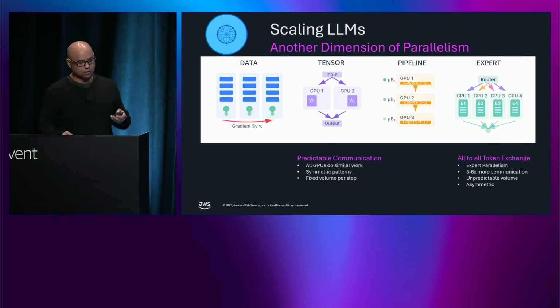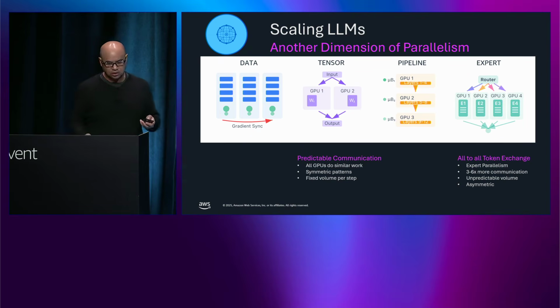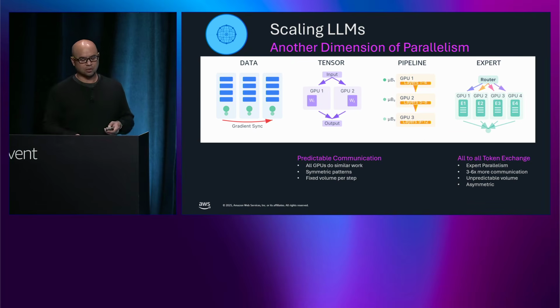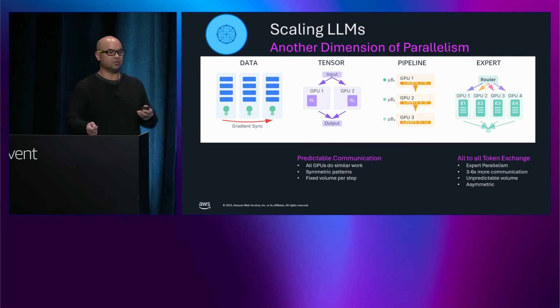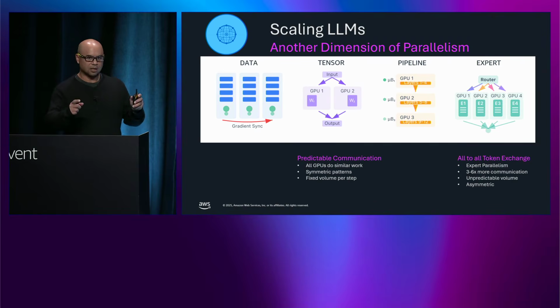They have 3 to 6x more communications. The communication is asymmetric, it's between different experts, and so therefore very hard to predict between which nodes the communication is going to occur. Contrast this to data, tensor, and pipeline, where communication patterns are all very symmetric and very fixed volume in nature.